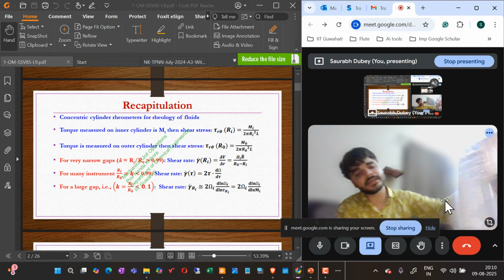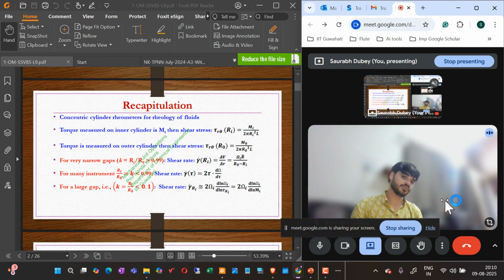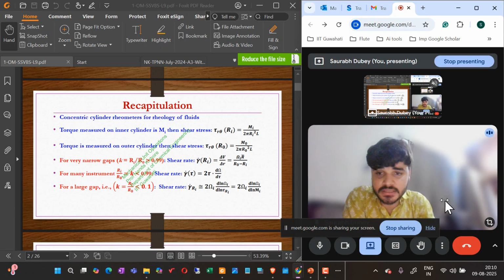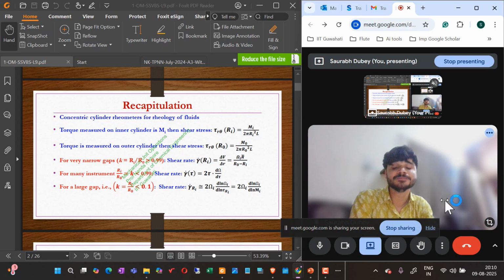Using cone and plate, it becomes easy for you to calculate the differences in normal stresses, right? And these differences in normal stresses will help you estimate the rheological behaviors like the Weissenberg effect, why they are arising.